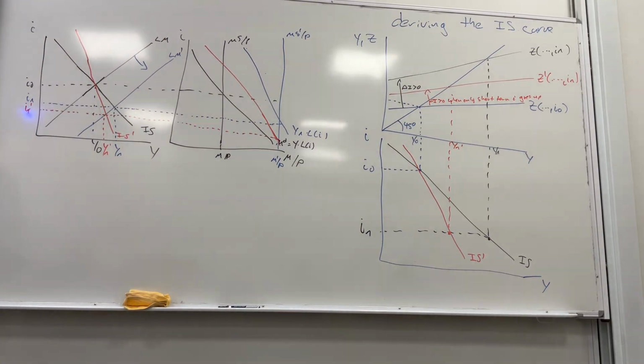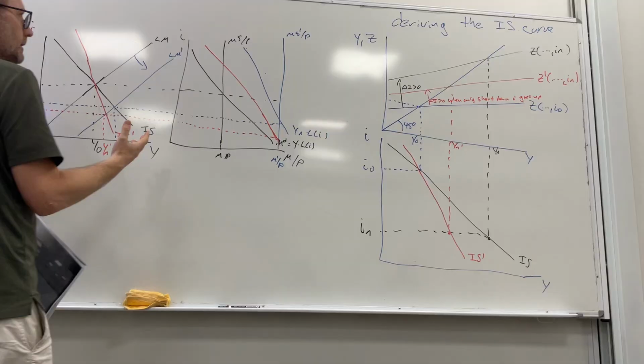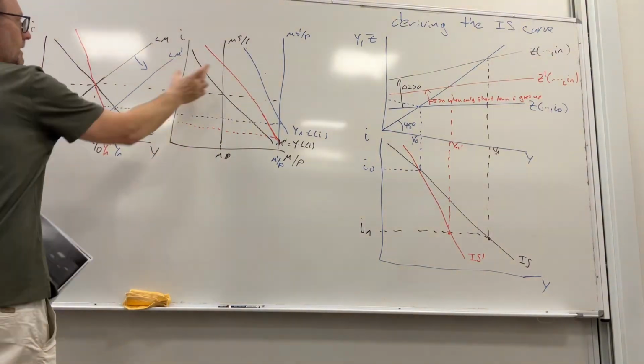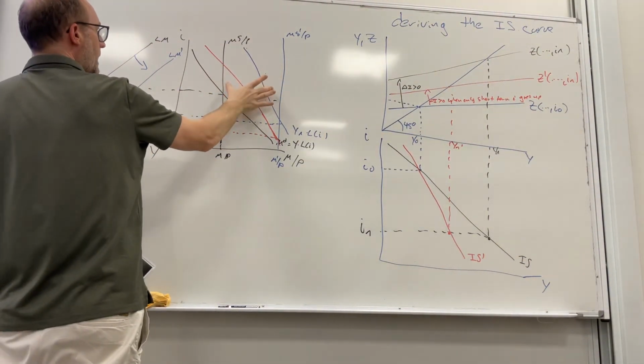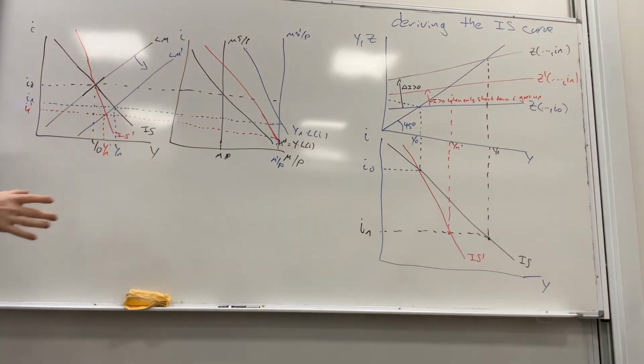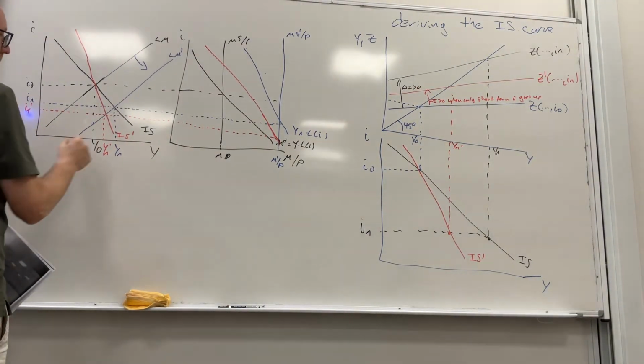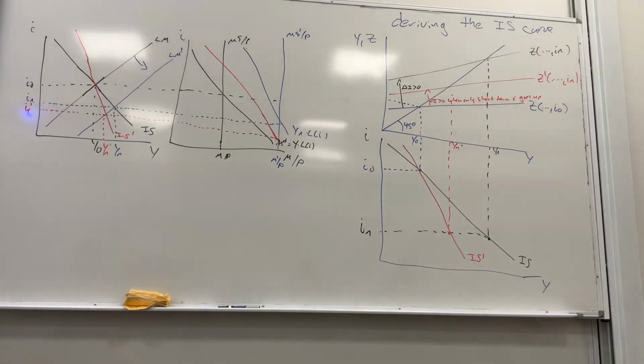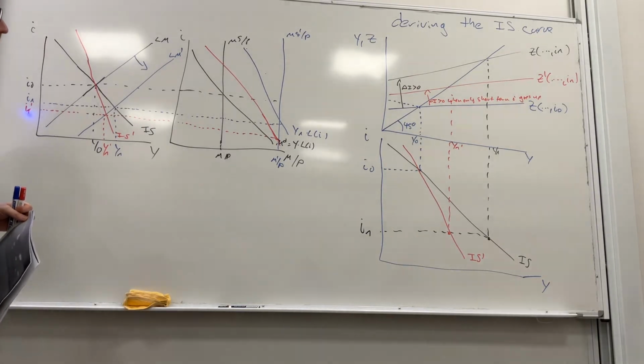So we see that the same increase in the money supply is going to lead to a larger decrease in interest rates, with a smaller increase in output if we have only the short-term interest rates being affected.